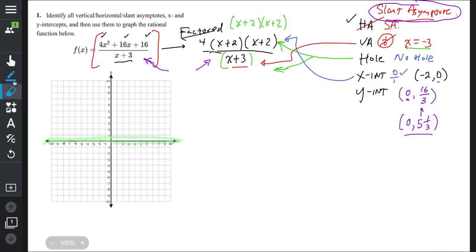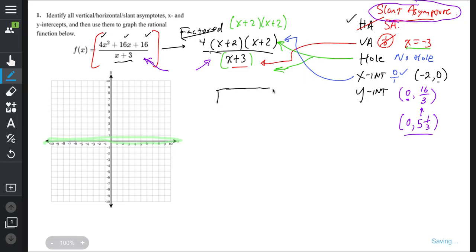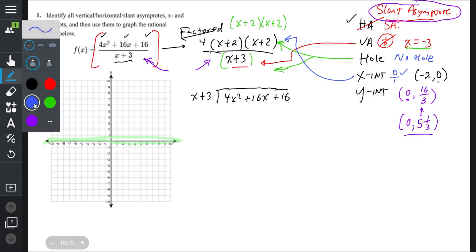The one that works all the time is long division. So as long as you know when to use synthetic and when not to, you're fine to do that. But I prefer long division. And you don't have to do that many steps. You don't need the remainder.